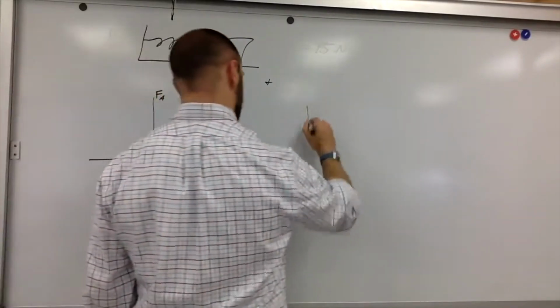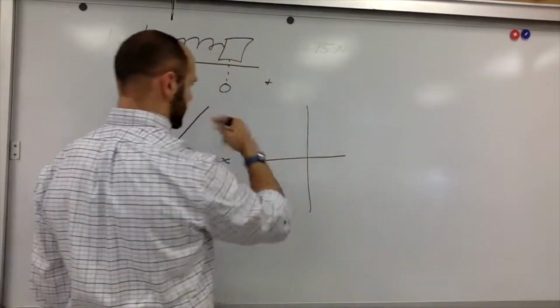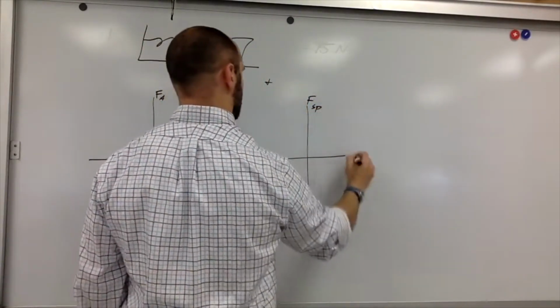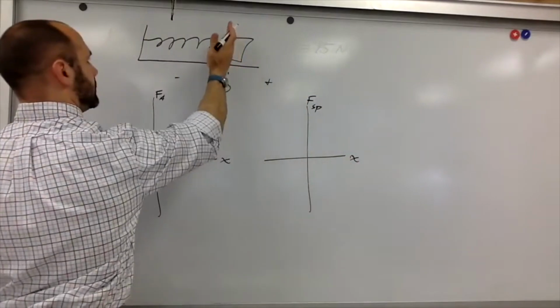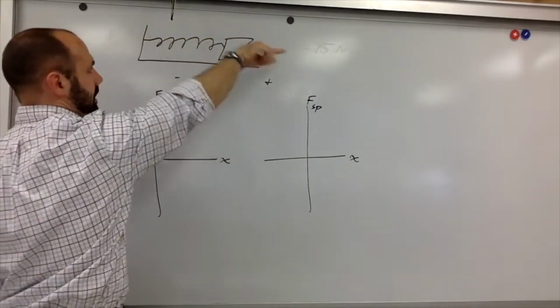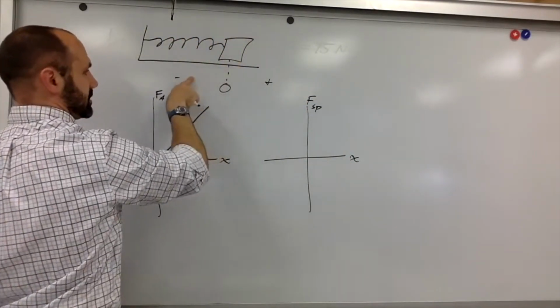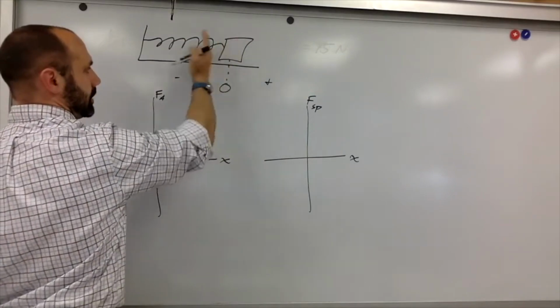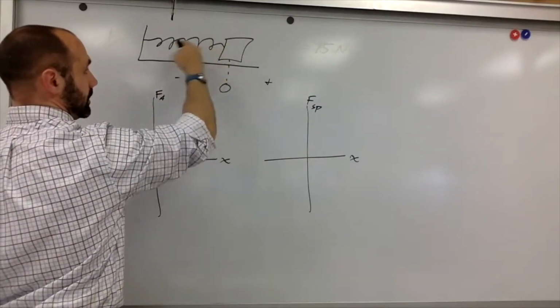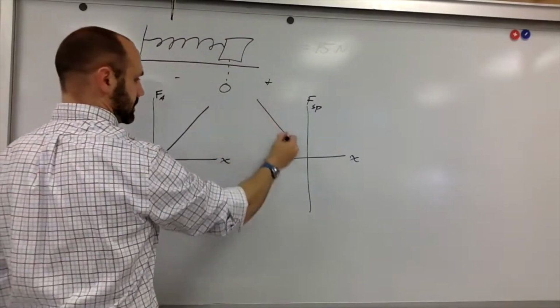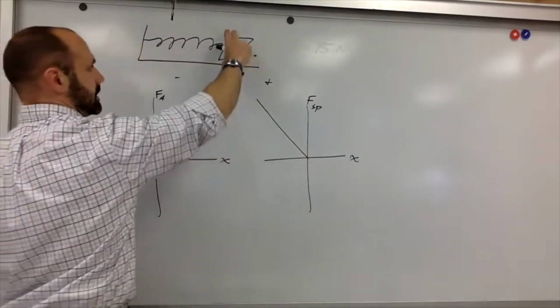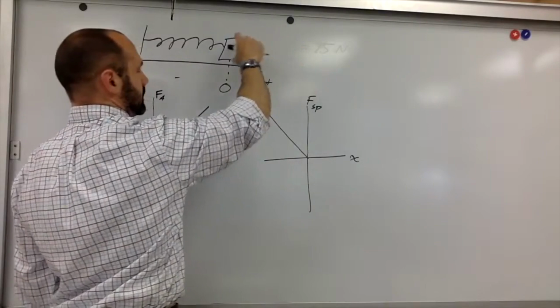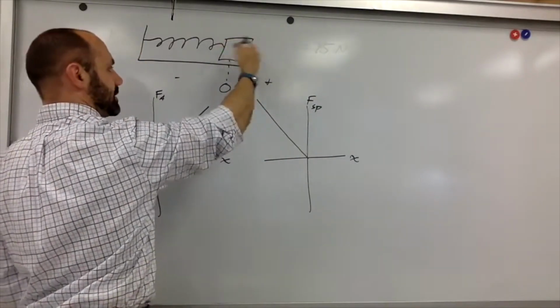But the force that the spring exerts, the force of the spring in X, as I move this way, the spring is pushing that way, even though I have a negative position. And the farther I go, the greater the force of the spring. So this looks like this, right? And then as I move this way, the spring is pulling back in the negative direction.